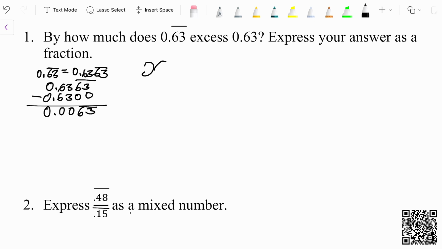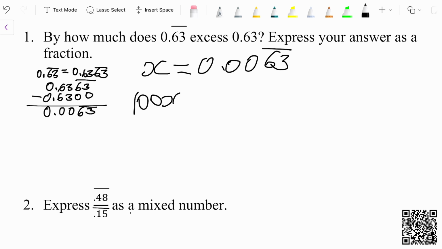So basically what I'm saying is x is our original number, good old 0.0063 bar. But we can also write this, when we multiply by 100 to make it easier to convert to a decimal, as 100x, which is equivalent to 0.63, which, like I said earlier, is the same as 0.6363 bar.